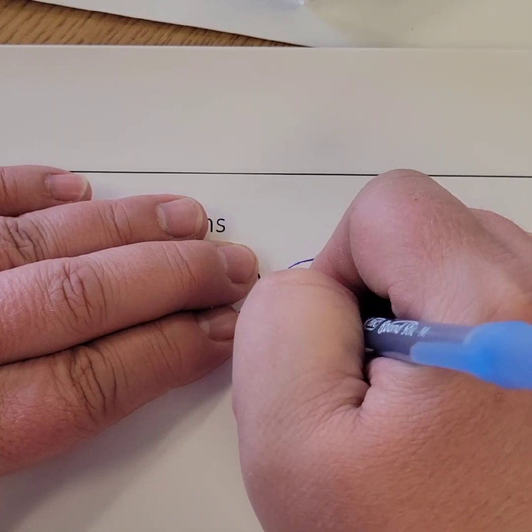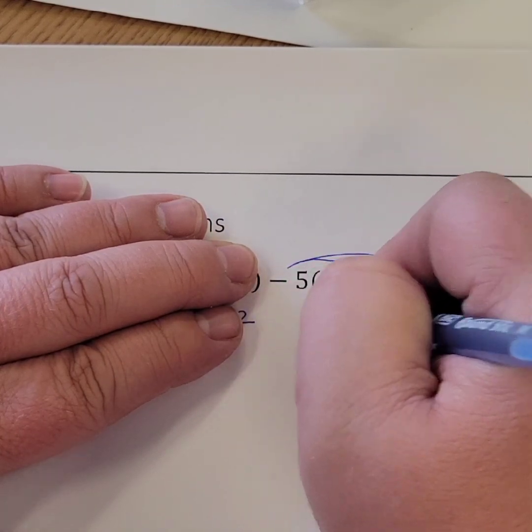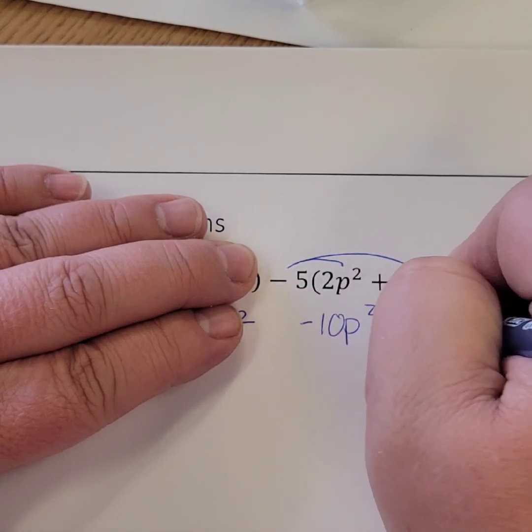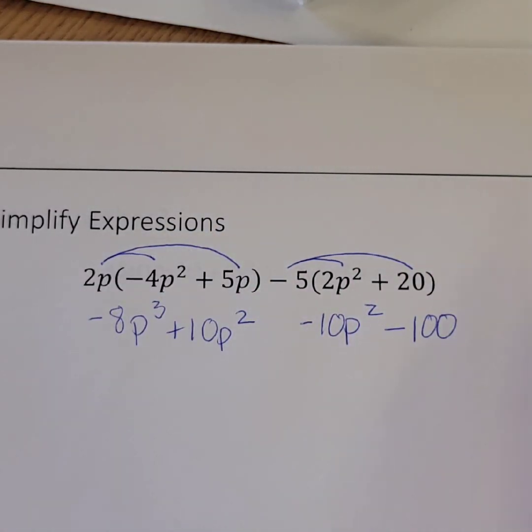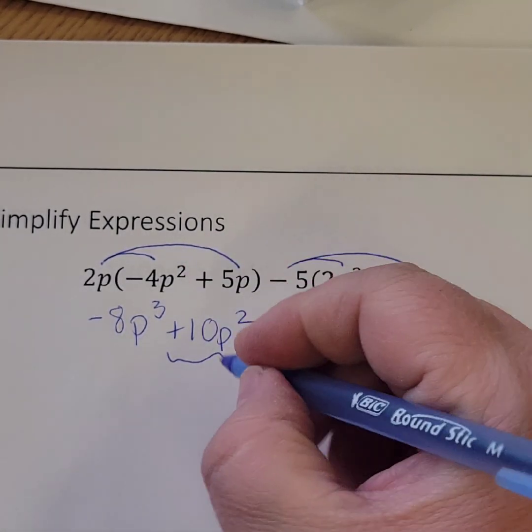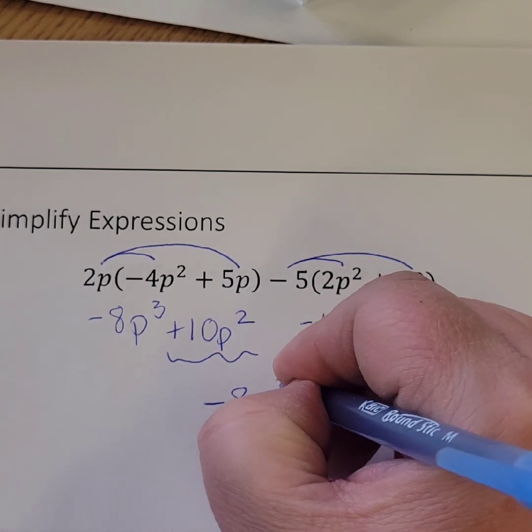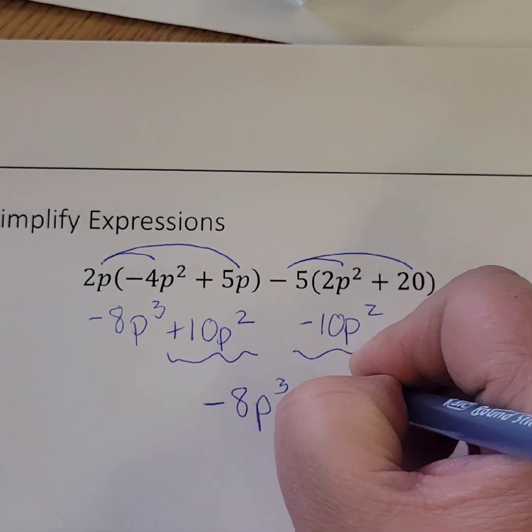So we have negative 10p squared minus 100. Okay. So we've got this is a p squared and this is a p squared, and they actually are opposite each other. So we are left with negative 8p to the 3rd minus 100.